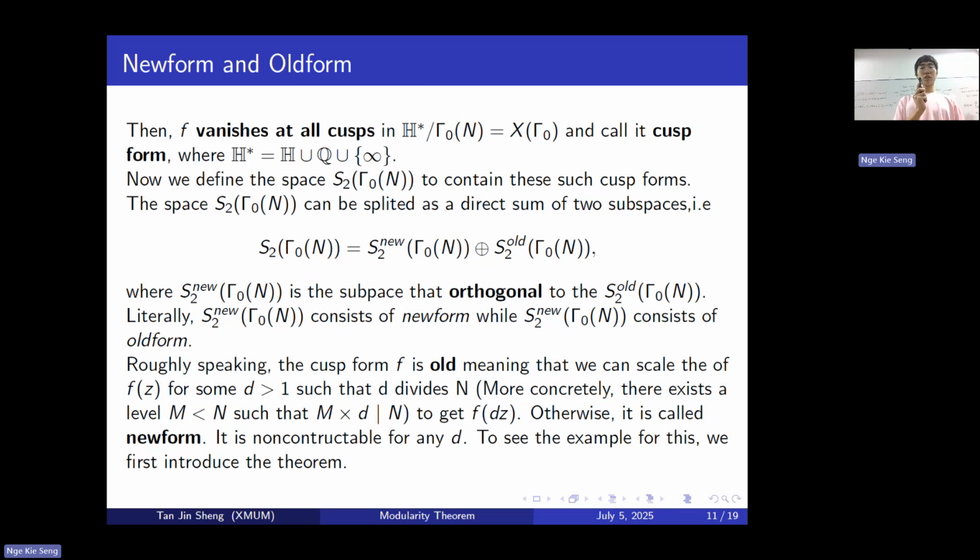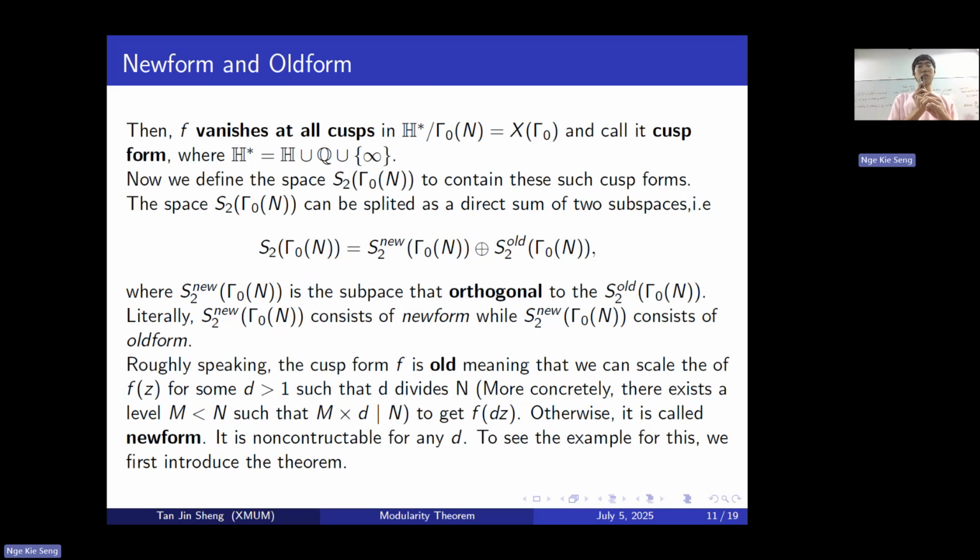Now we want to consider, now we define the S2 space of the congruence subgroup to contain these cusp forms. This is a space. Indeed, this space can be divided into two subspaces.